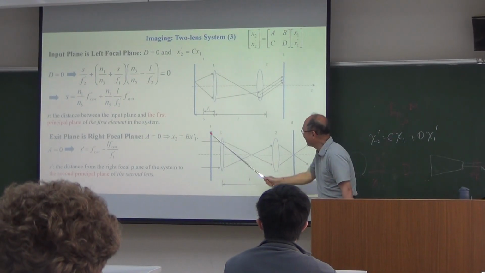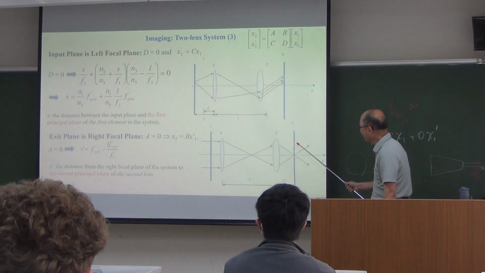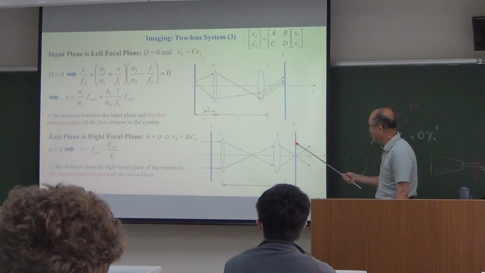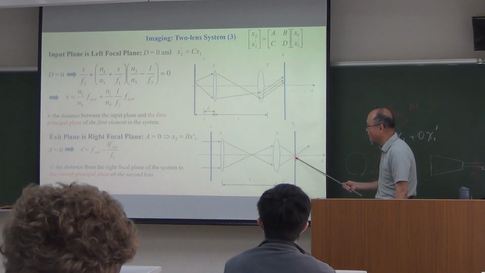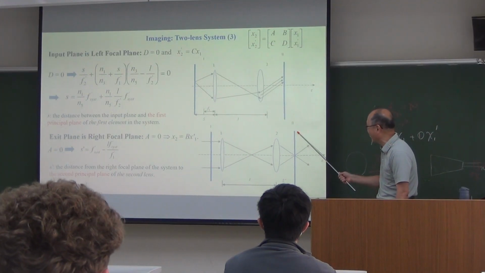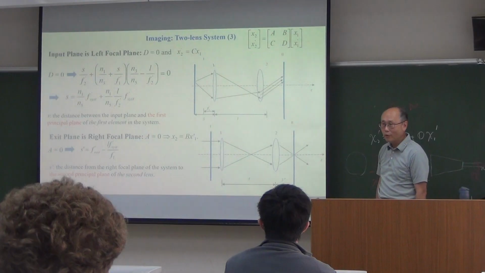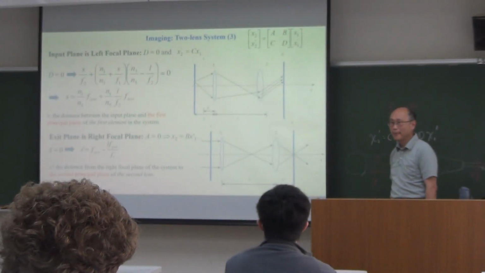But if x1 has some angle, then you'll be having a point somewhere other than the 0 position. Okay, so this means that the output plane is the right focal plane if we have e equal to 0.